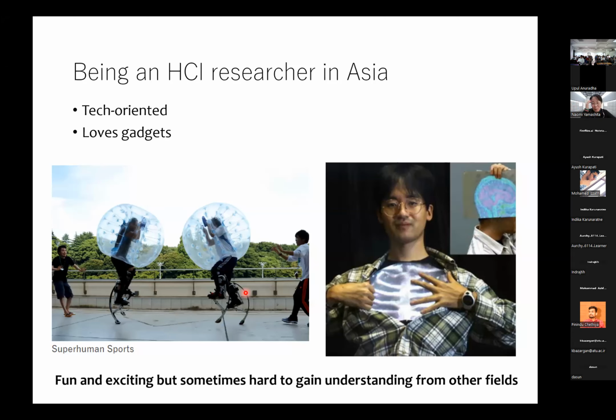And they develop all these kinds of interesting tools, which is fun and exciting, but sometimes it's hard to gain understanding from other fields. So I sometimes have a hard time trying to convince people this is serious research.